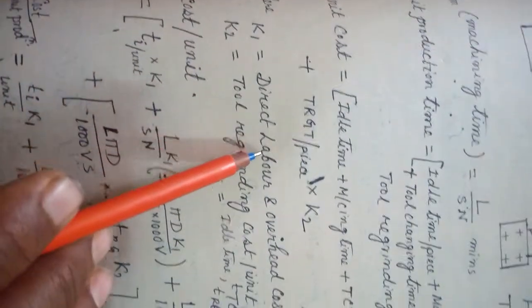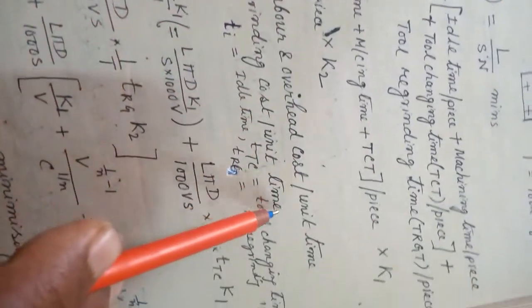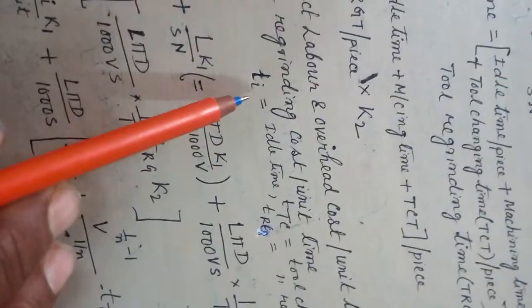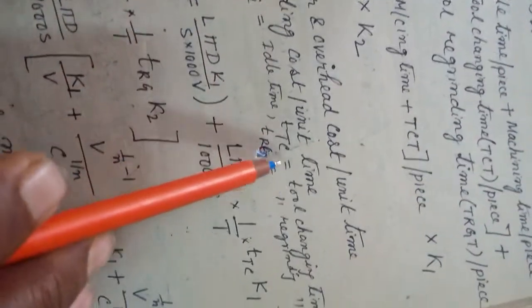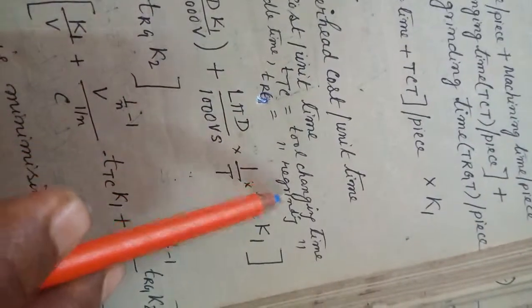Now this K1 is this, and K2 is this. Now let us use Ti for idle time, TTC for tool changing time, TRG for tool regrinding time. Then this is the cost per unit.